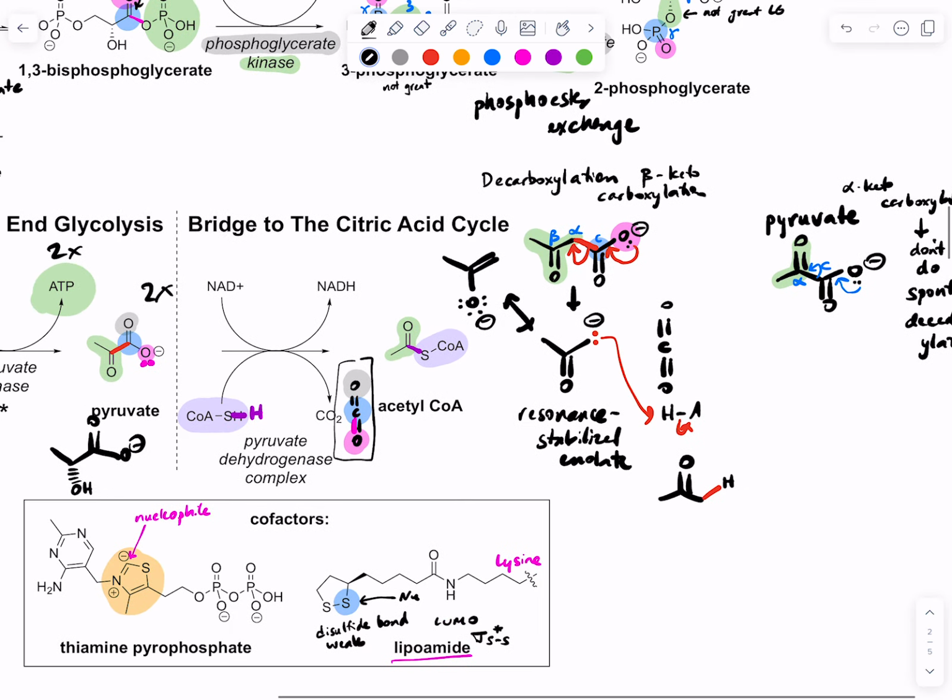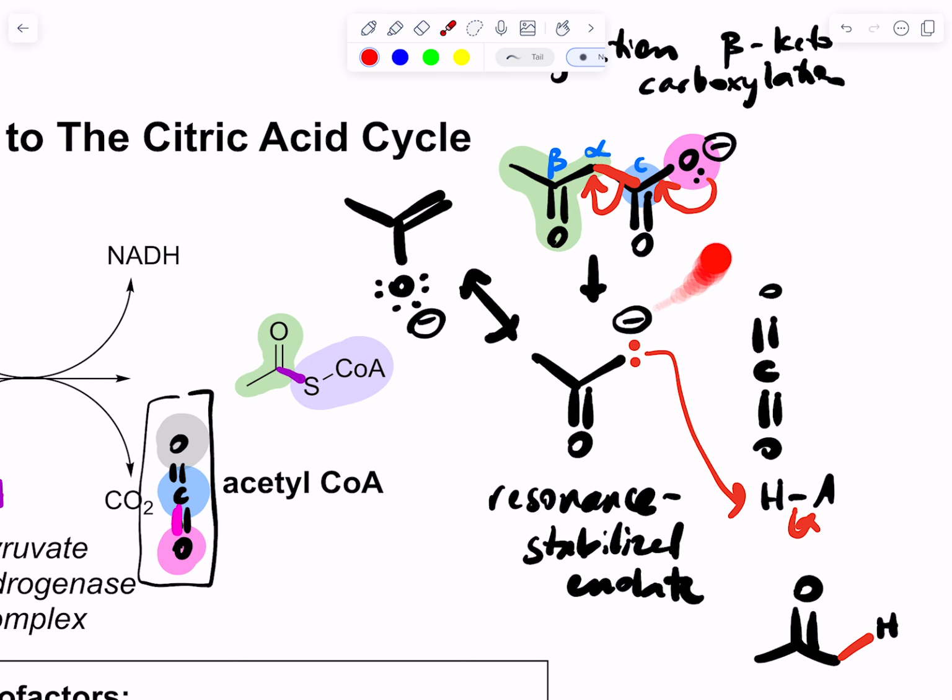Instead, they can do decarboxylation, but they need a whole complex of enzymes, and they need 3 cofactors, NAD+, thiamine pyrophosphate, and lipoamide. And you'll see that the mechanism we're going to draw is supremely more complicated than this simple mechanism here. Okay?